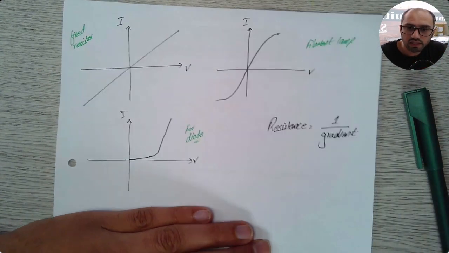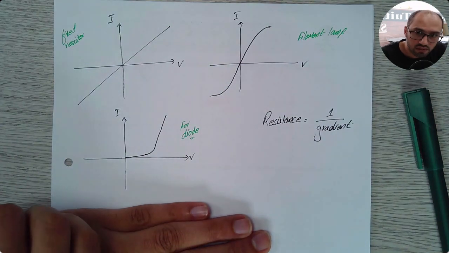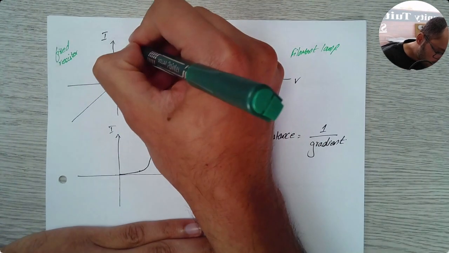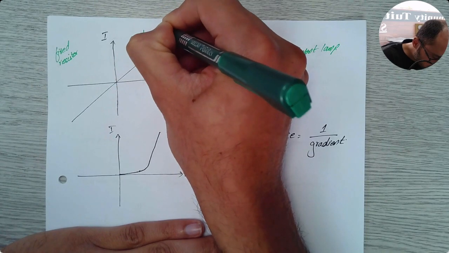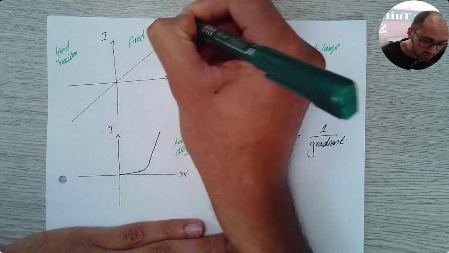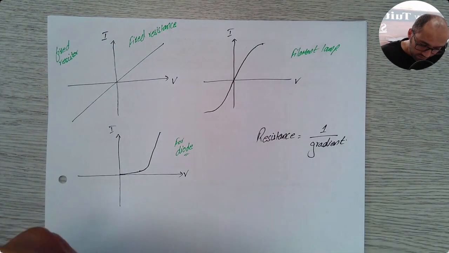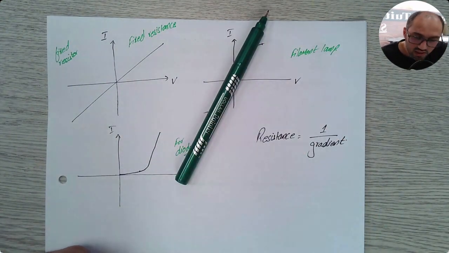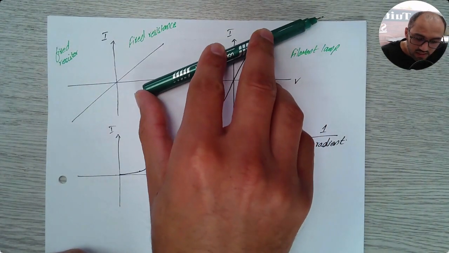So if that's the case, I can say here the gradient of this graph is never changing, so it has fixed resistance because it's a straight line. But for this one, resistance is different, and as I move along this curve, the gradient is decreasing.